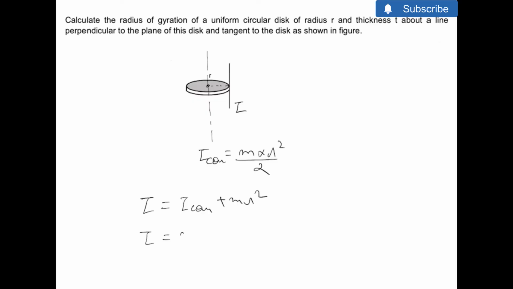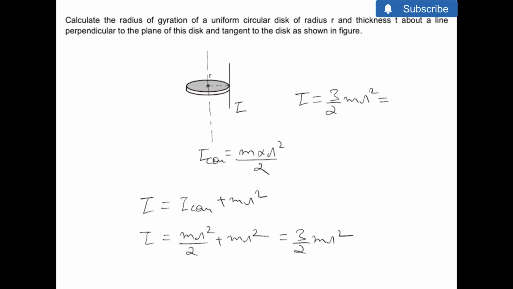So I will be m r square by 2 plus m r square. So this would be 3 by 2 m r square. So this is the moment of inertia of the disk about this axis. So I is equal to 3 by 2 m r square.